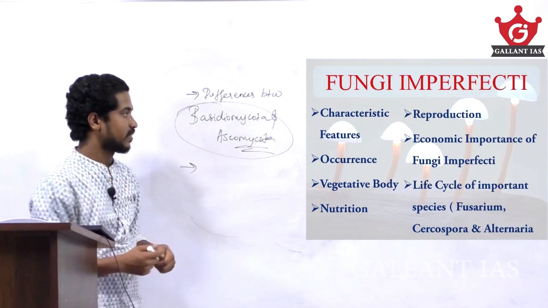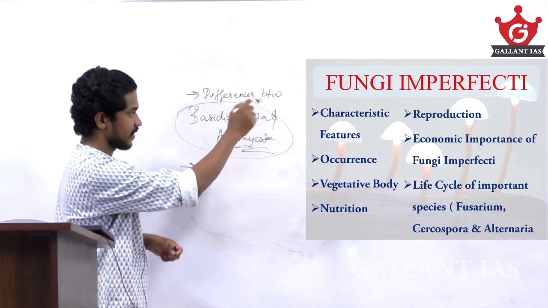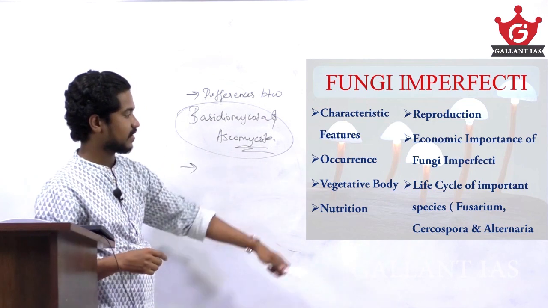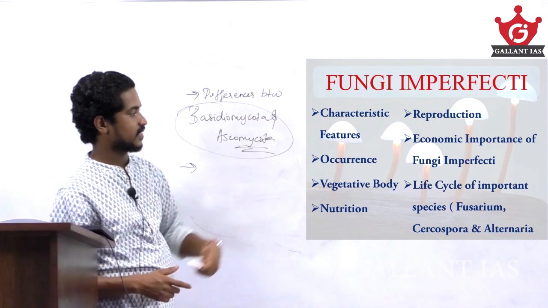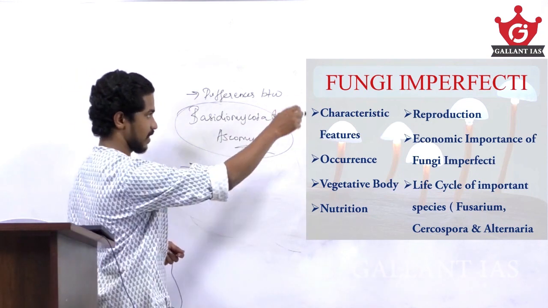Next is Fungi imperfecti. In Fungi imperfecti, note the characteristic features, occurrence, vegetative body, nutrition, reproduction, economic importance, and the life cycles of important species.